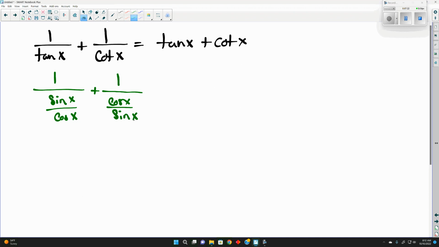Well, when we have 1 divided by this here, really we're just flipping it and multiplying it by 1, which just tells us that I have cosine of x over sine of x, yes?